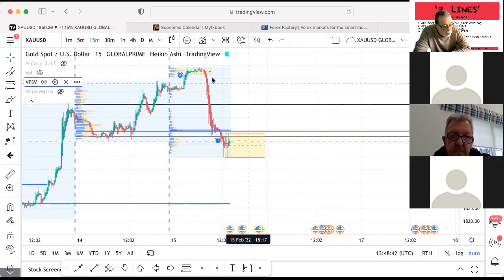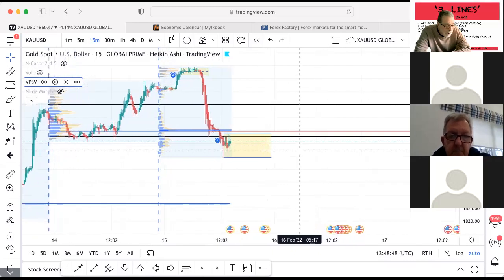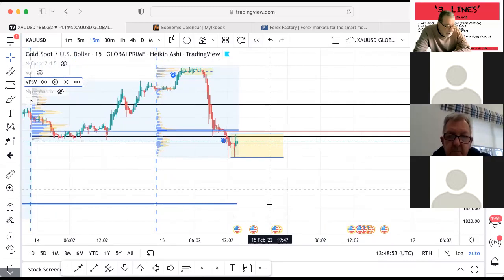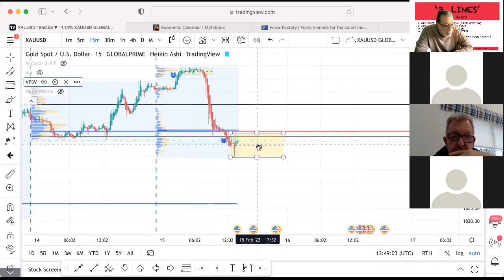What's caused this drop? I don't know. But to be honest, it doesn't matter, because whether it comes down to this line or goes up to previous levels, I'm still going to take some pips. What I need it to do is show its hand.